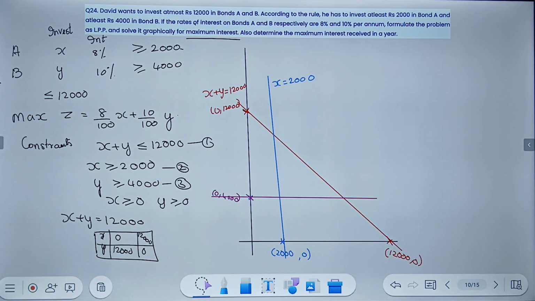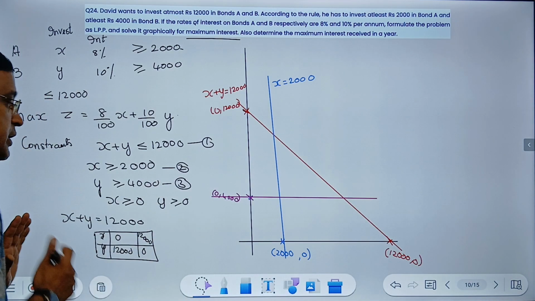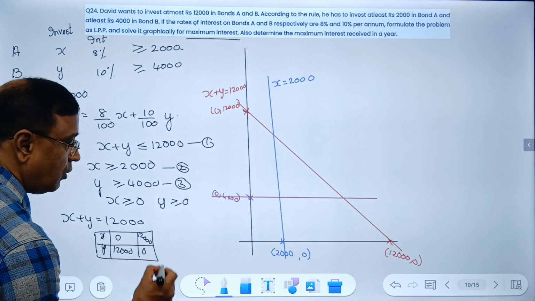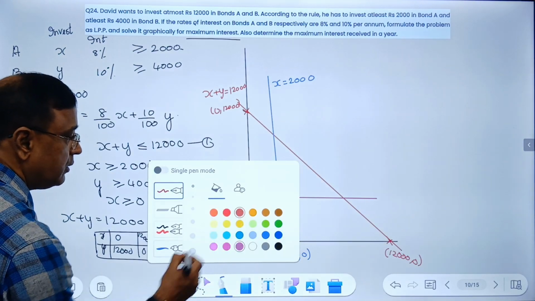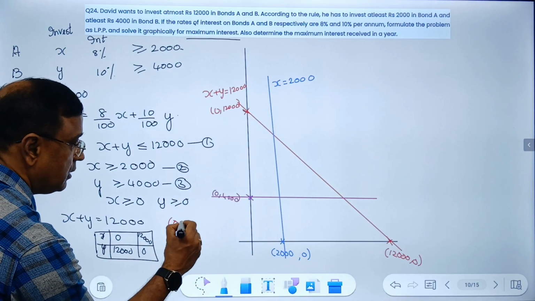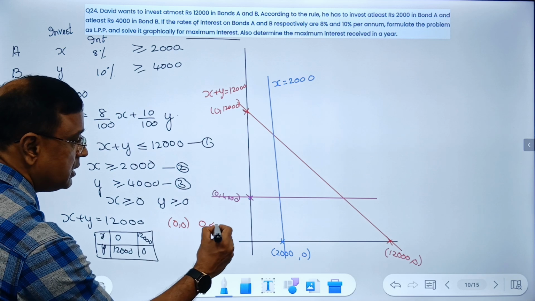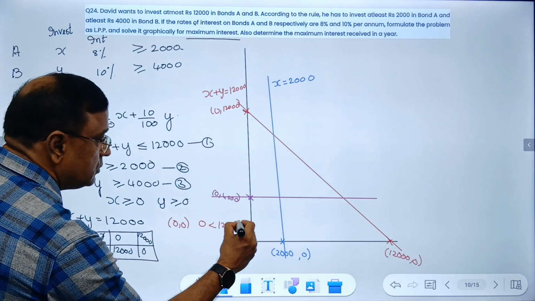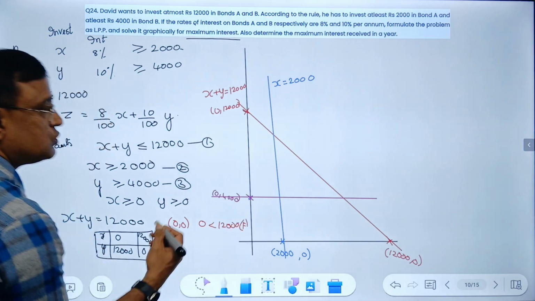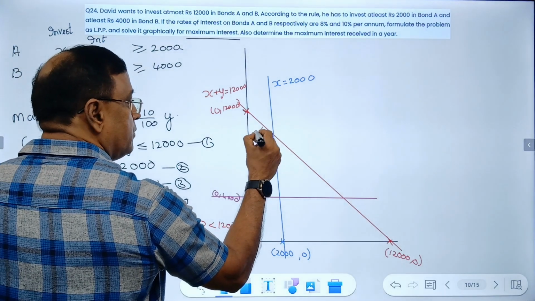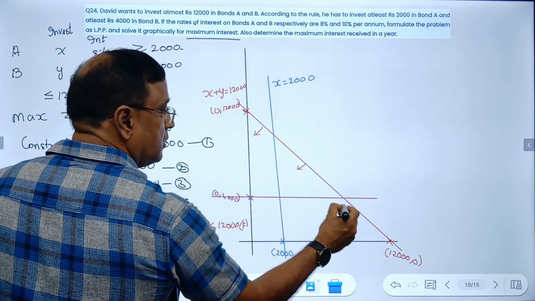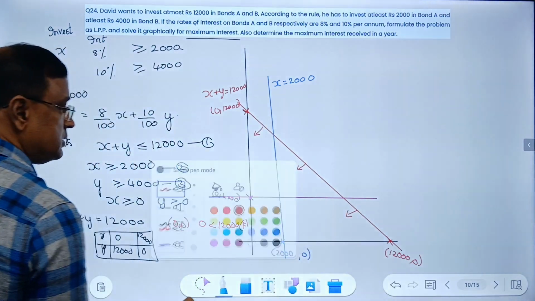Okay. Now it's time to shade. How do I shade it? First, take the origin for the first line. I use the red color for the first line, and I get 0 less than 12,000. So this is true. So it is towards origin. Other things, nothing to verify.